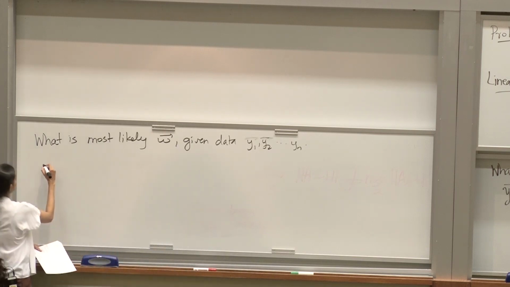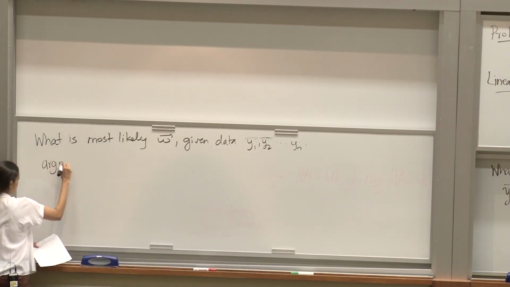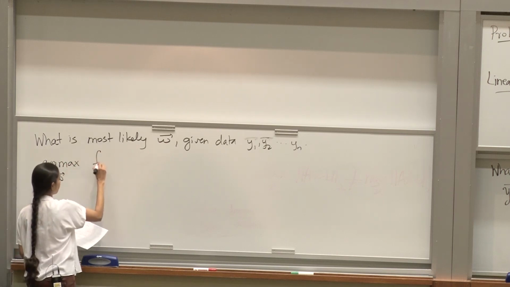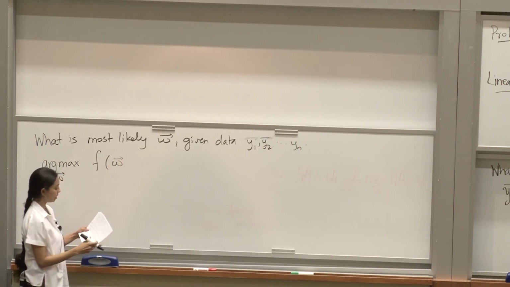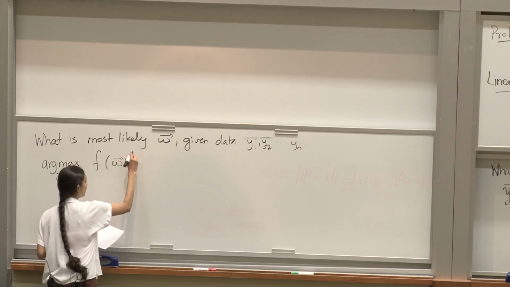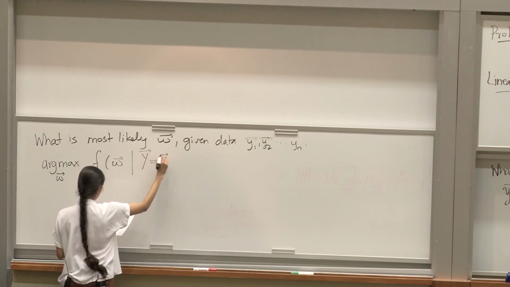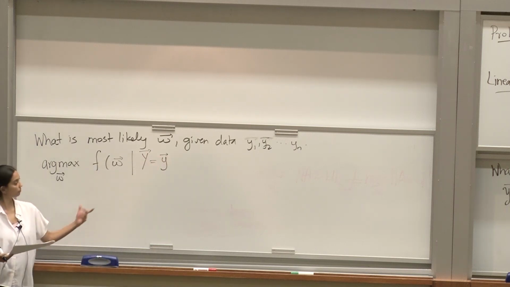So now we want to find the argmax over W of the density of W given our data, capital Y equal to little y.